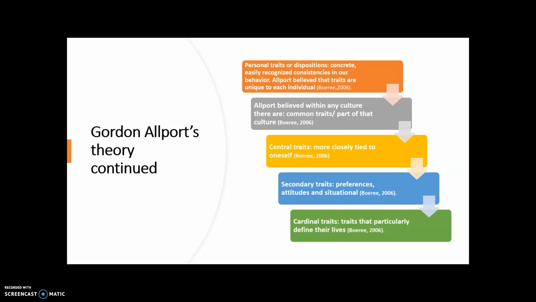He also thought that within any culture there are common traits that each individual culture shares. And then he believed there were central traits, which were more closely tied to oneself, and secondary traits, which were preferences, attitudes, and situational.